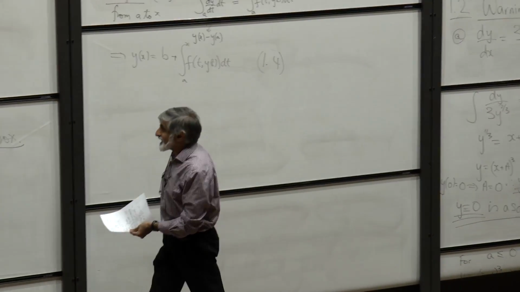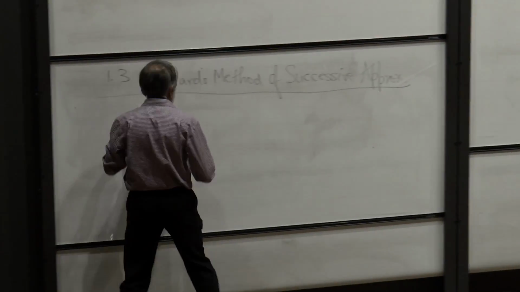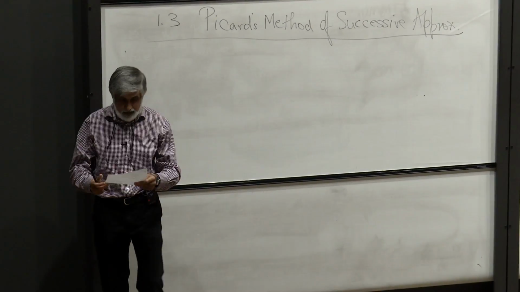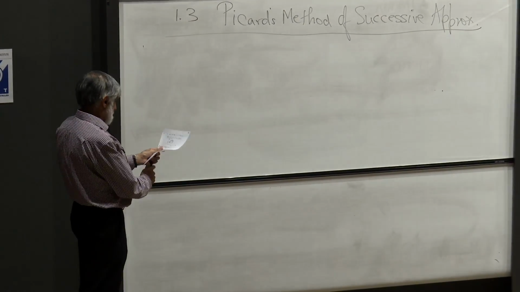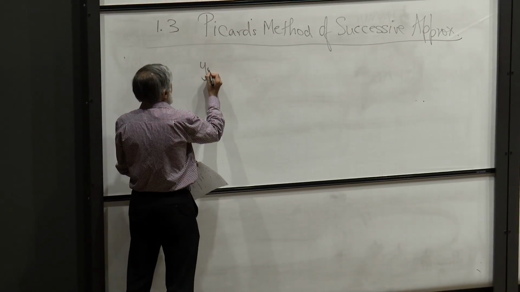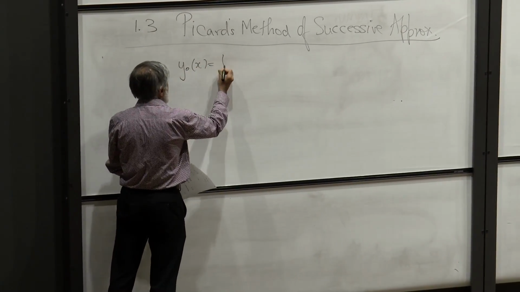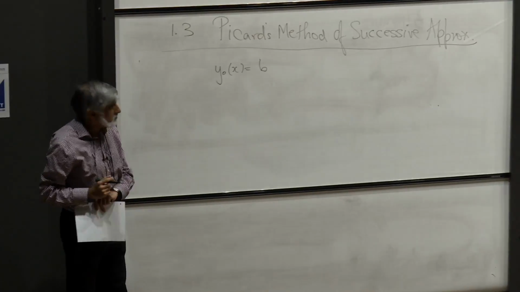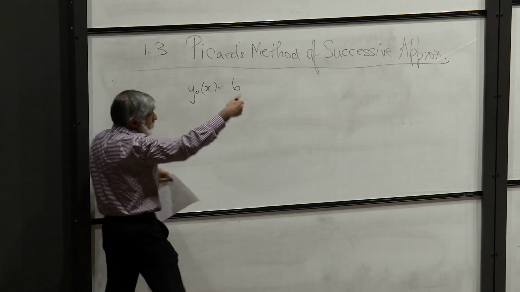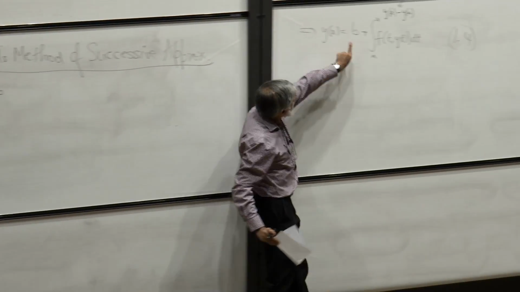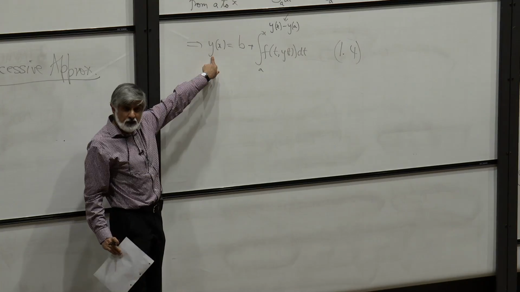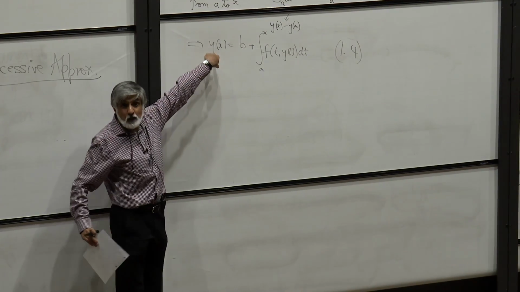So now we had that little break and a bit of a laugh. Now we can get back to Picard's method of successive approximation. So what he said is, let's start with the guess y0 equals b. Good guess. And then we'll iterate up. So what we'll do is we'll put b into here, and that'll get us the next guess, y1.